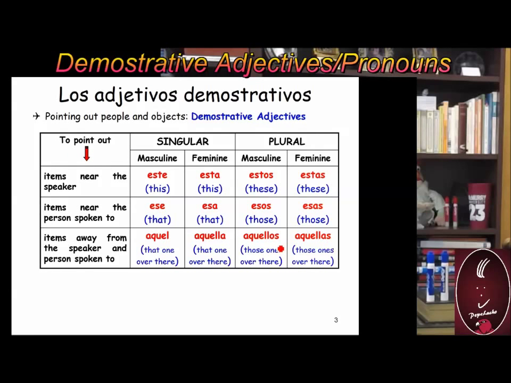Aquellos marcadores son rojos, because the items are far away from the speaker and the person that is spoken to. The same, if we have a feminine noun, we make sure to agree in gender and number with the noun.